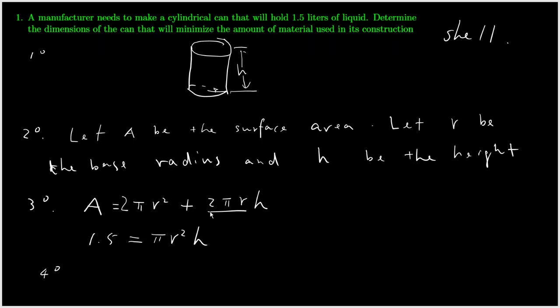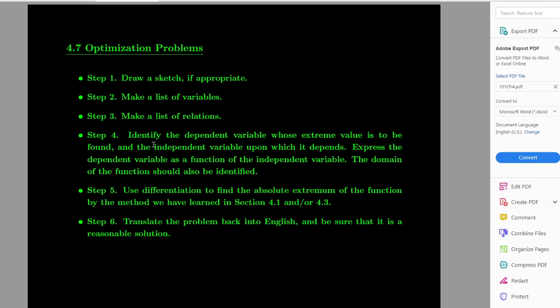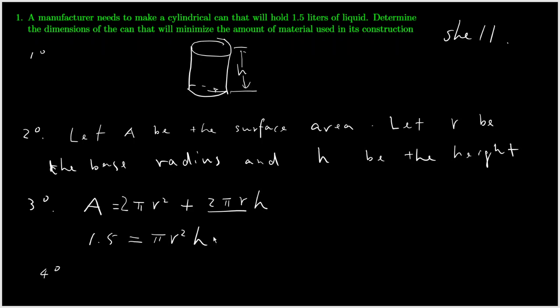Now the thing in step 4, if you can recall, I will show you step 4 again. In step 4, the basic idea is to write the quantity to be minimized, in this particular case the surface area, as a function of only one of R or H, whichever is simpler. I will tell you what's going on, okay?